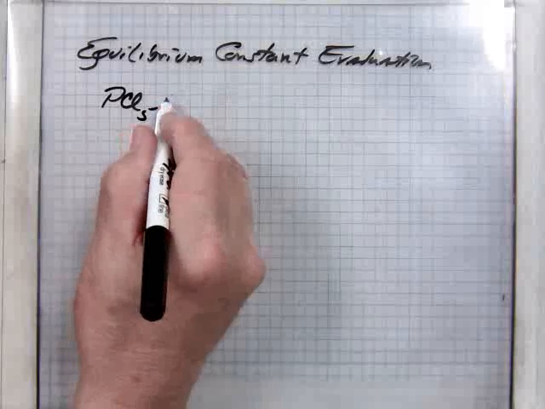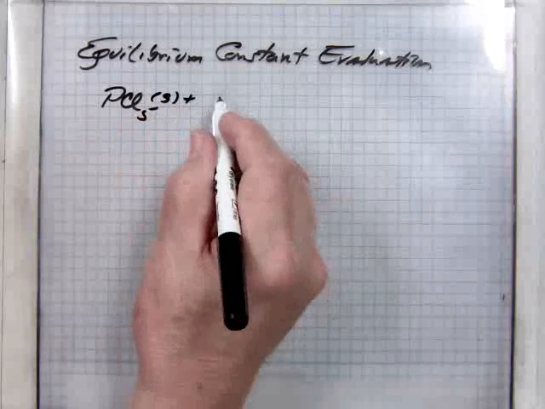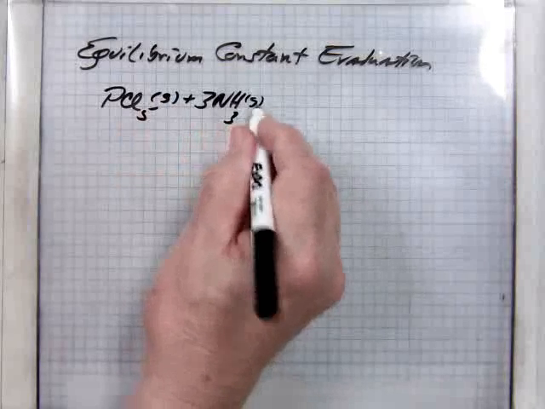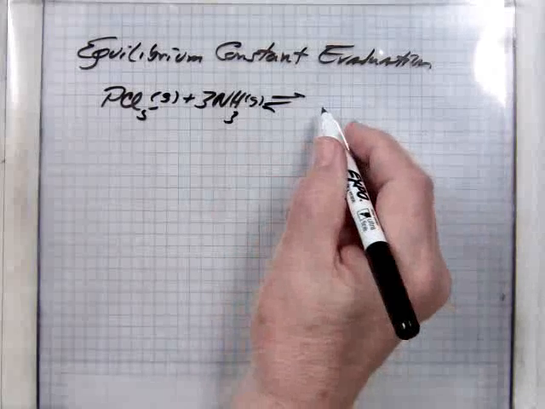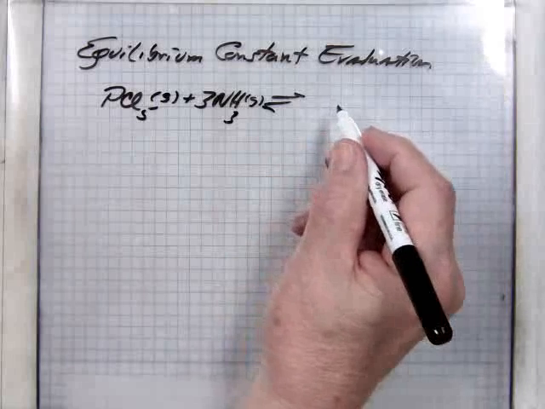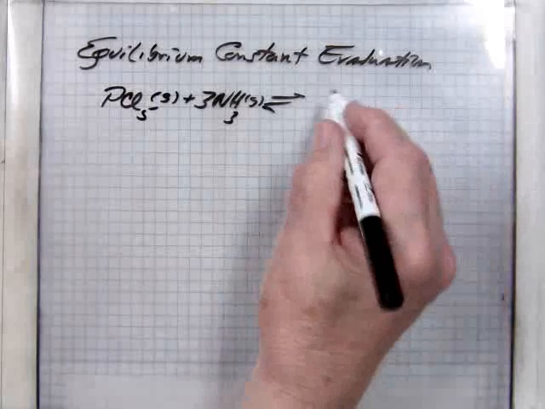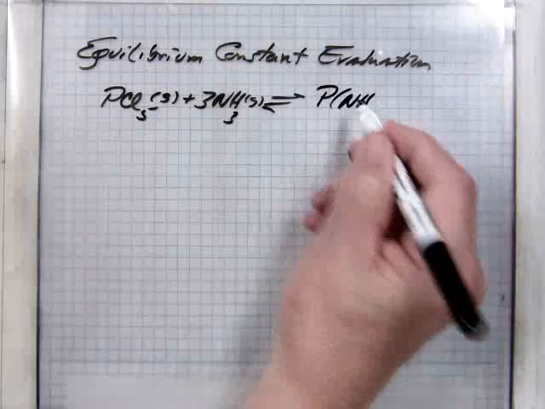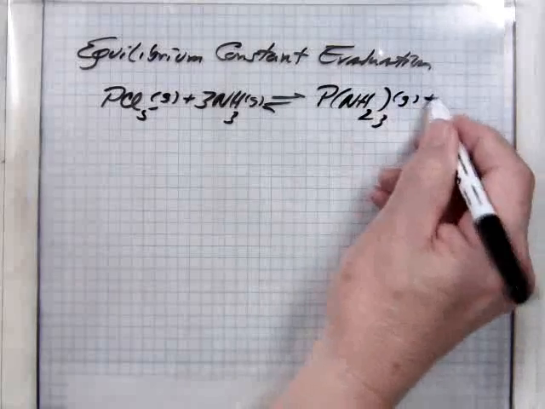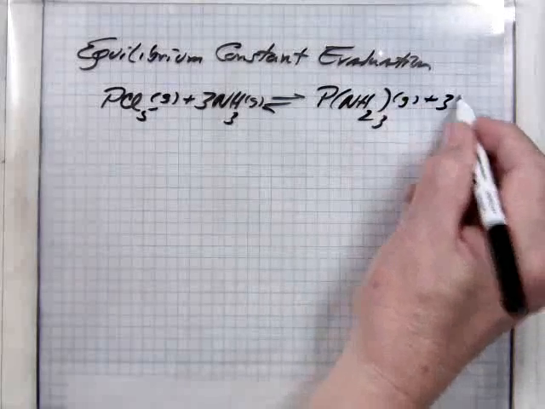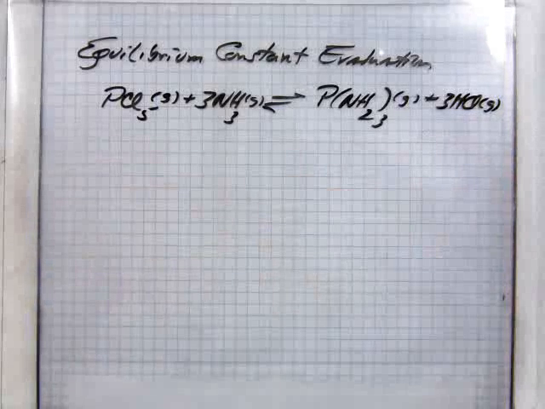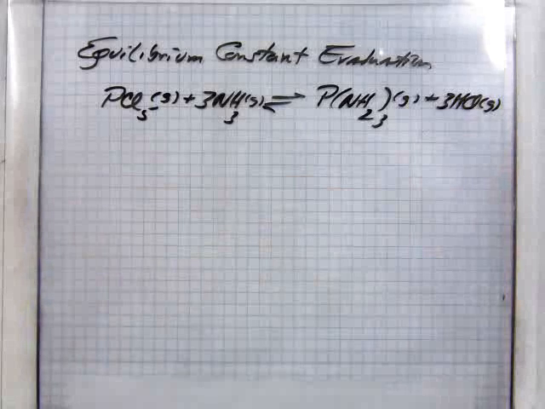And everybody's a gas, plus 3 ammonias, NH3 as a gas, going to P, phosphorus triamine is what that is, P(NH2)3 as a gas, plus 3 HCl, hydrogen chloride as a gas. It's not an acid, it's not in water, so it's a byproduct gas form.